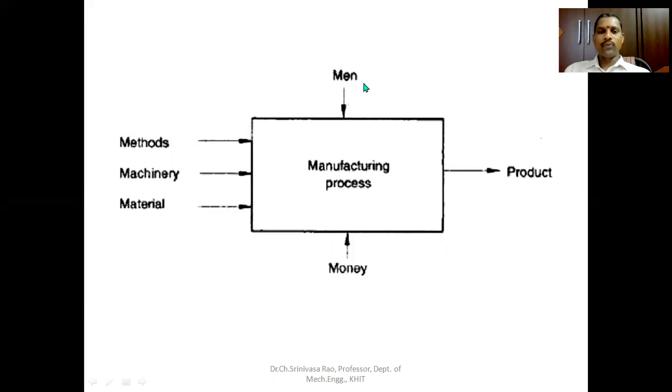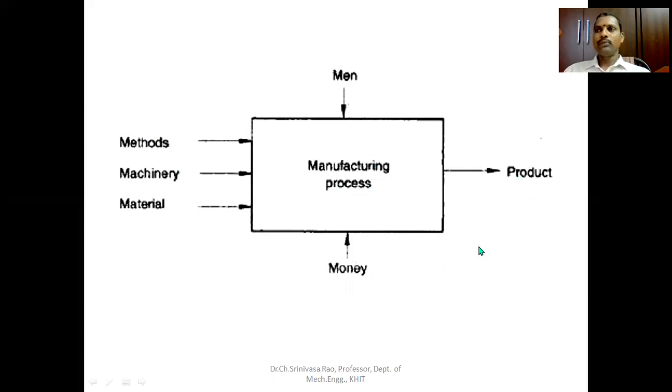So with the help of these 5 M's, man, method, machinery, material, and money, you convert the raw material into a finished product, just like wood is converted into a bench or a table using a process like carpentry. That process is known as a manufacturing process.